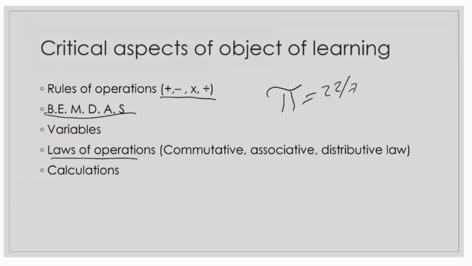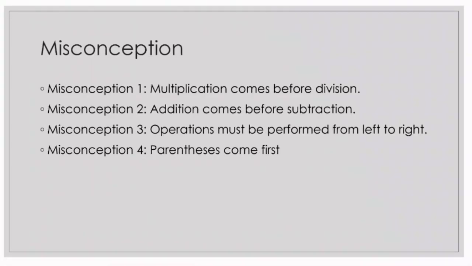It does not really mean that multiplication must always start before division, and also that addition comes before subtraction. It does not really matter. What matters is you start from left to right. Okay, that is an emphasis.